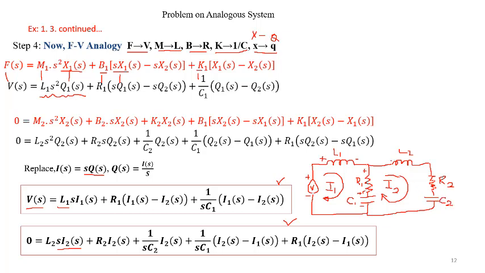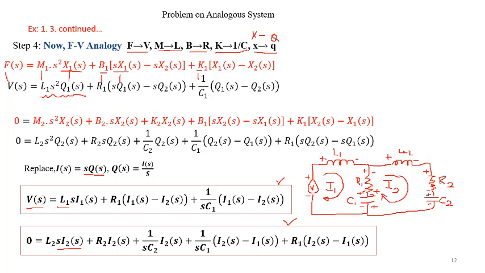And here the sign notation will be plus, minus, plus, minus, plus, minus. Here it will be plus, minus, here plus and minus.